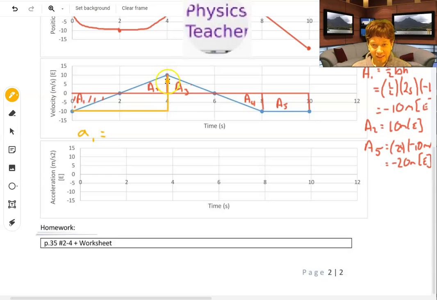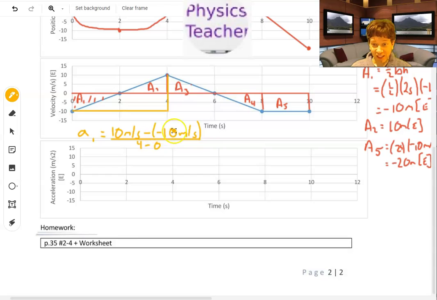Our rise is 10 meters per second. So final minus initial. So 10 minus negative 10. Okay, so we have a double negative there. And that's all divided by our run, which is 4 minus 0.